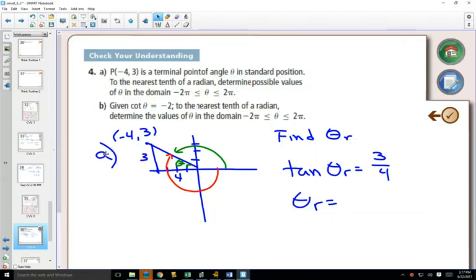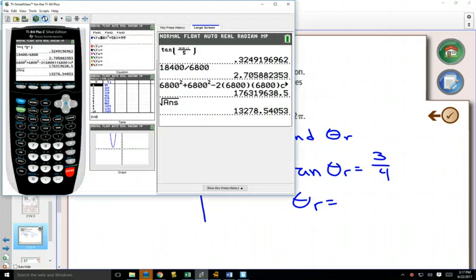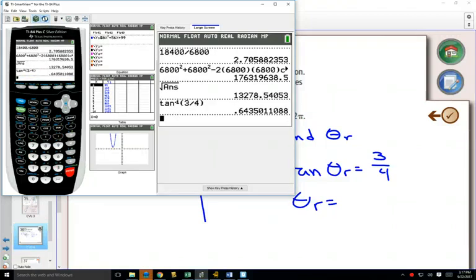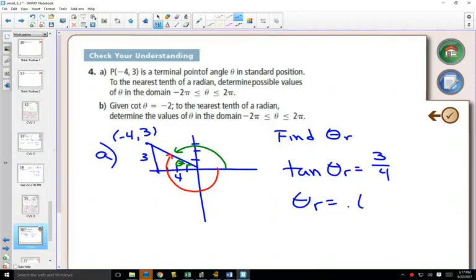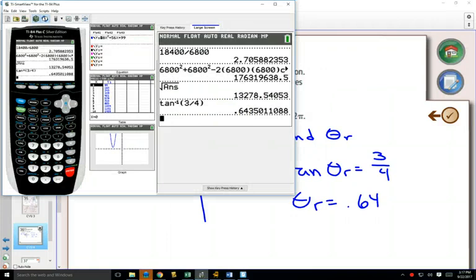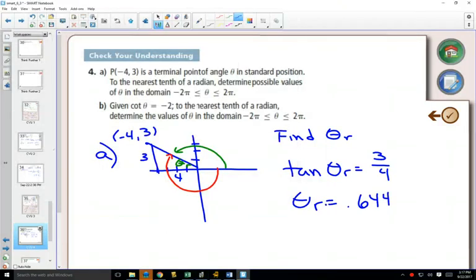But when you're thinking in radians, so when I go tan inverse of 3 divided by 4, I get 0.643. Does it need to be rounded? 0.644. Approximation signs there.